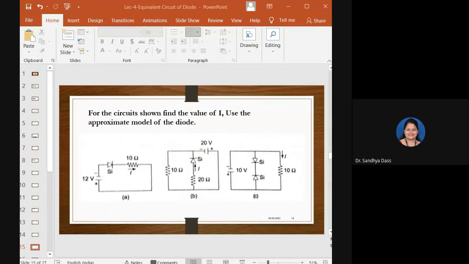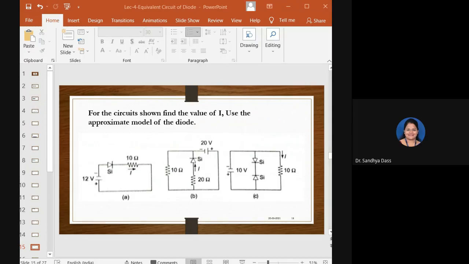So the top diode will be reverse biased, right? So it acts as an open circuit. Correct? So the circuit is incomplete. So there is no current flowing through that circuit again. Are you with me? Are you able to follow that?